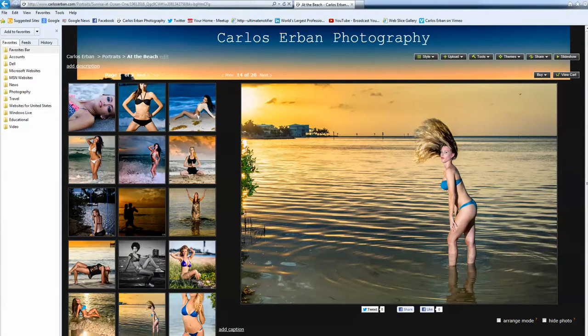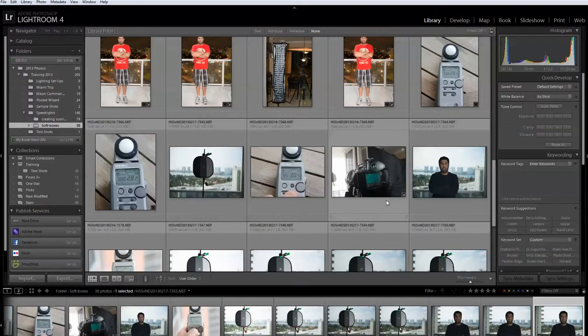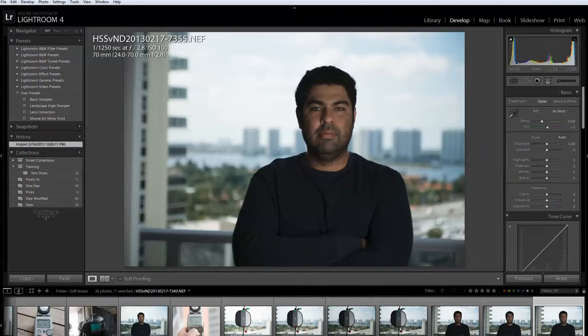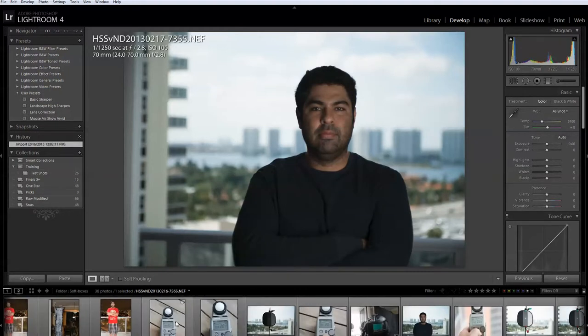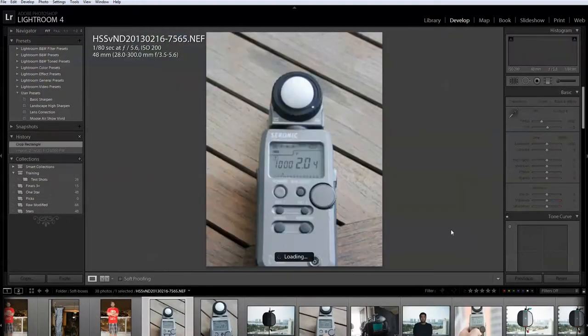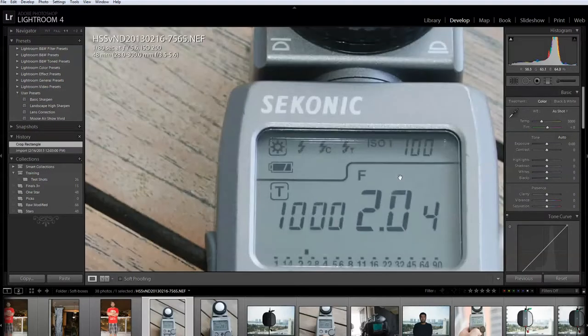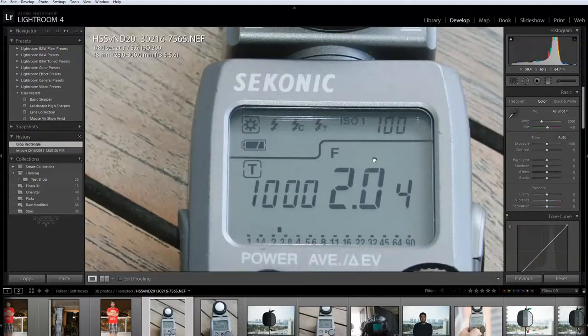So let me talk to you about a test that I did this morning. The first thing I did was measure the ambient light. This is actually going to be a good tutorial also on how to use the basics of your light meter.